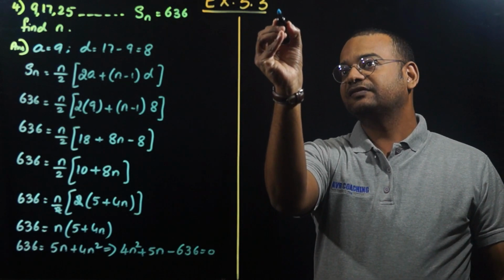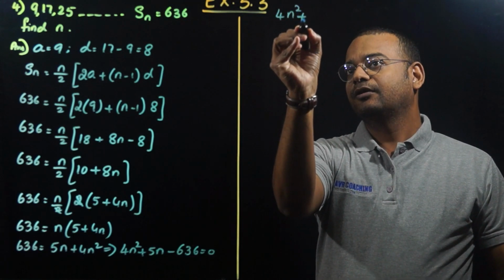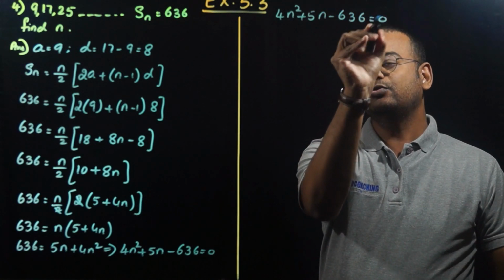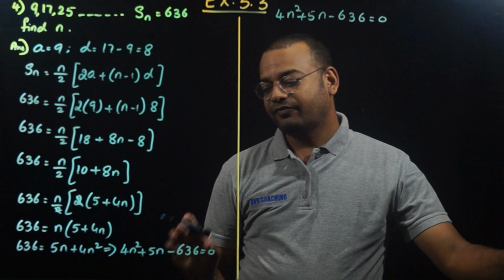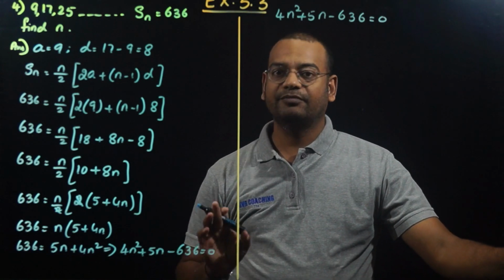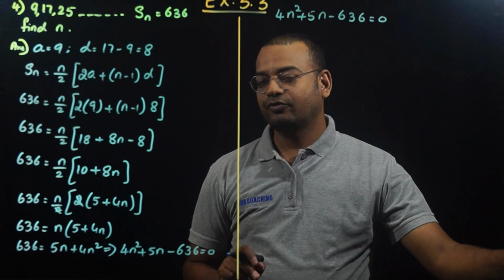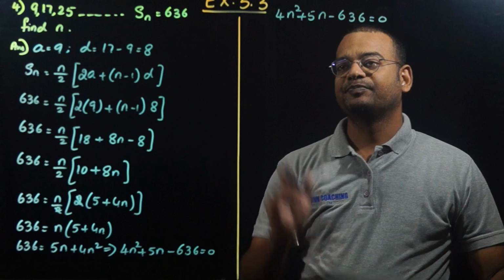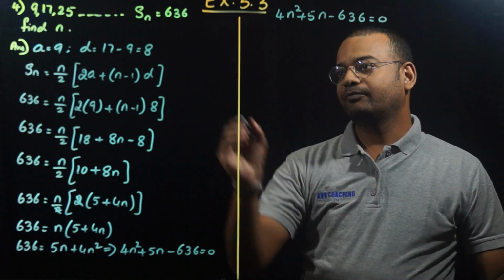The equation is 4n square plus 5n minus 636 equal to 0. We can solve using splitting of the middle term or the formula method, that is, minus b plus or minus root of b square minus 4ac, by 2a. So we use splitting of the middle term.